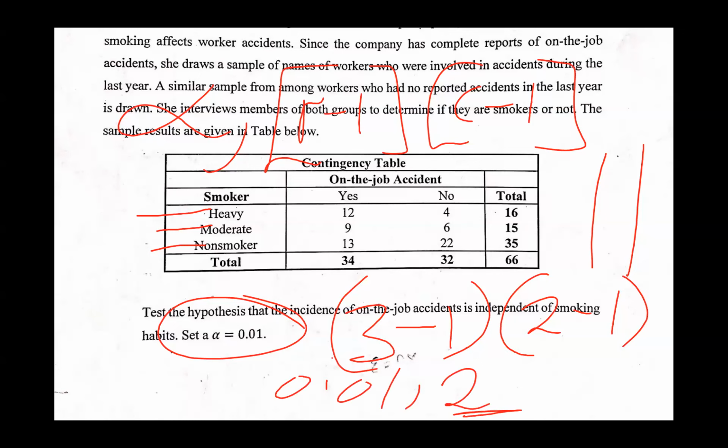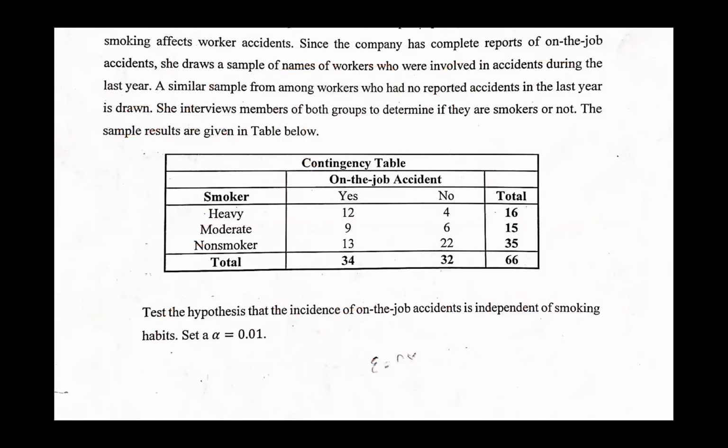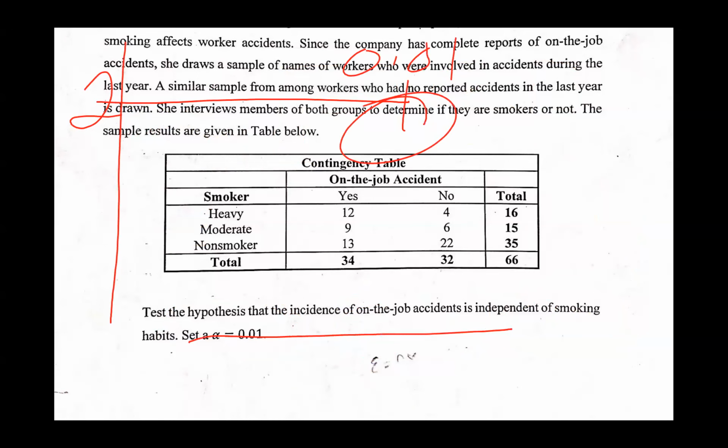When you go to that table, you check where the degrees of freedom is 2. On top is the alpha, 0.01. Where they meet, you get that figure. That's the critical chi-square. Then you compare it with the calculated chi-square that you have found.